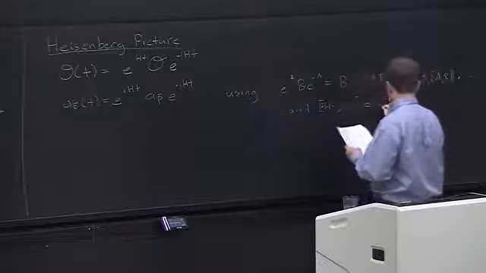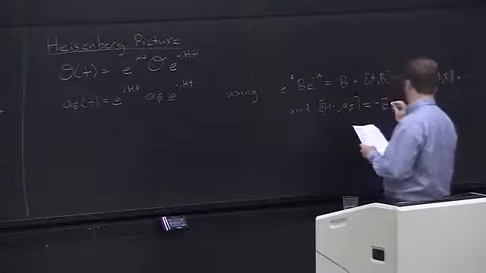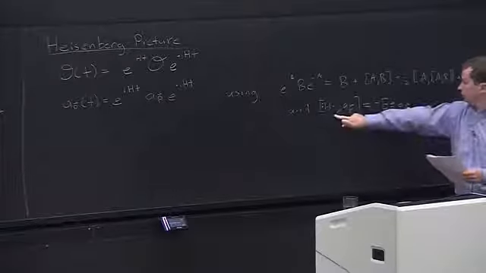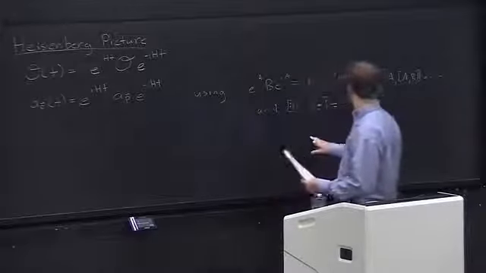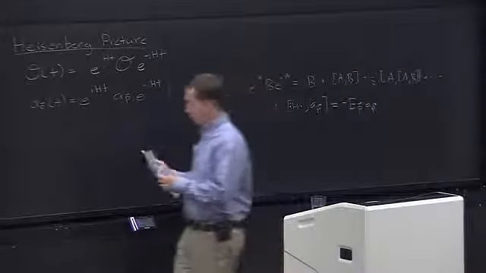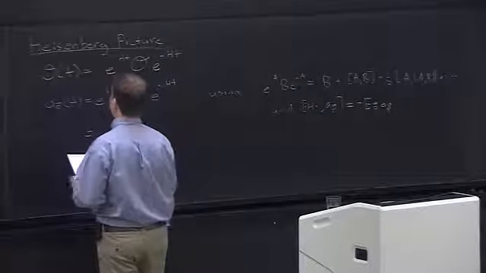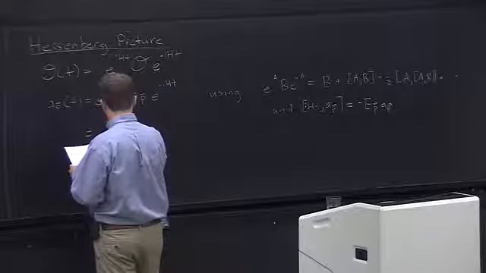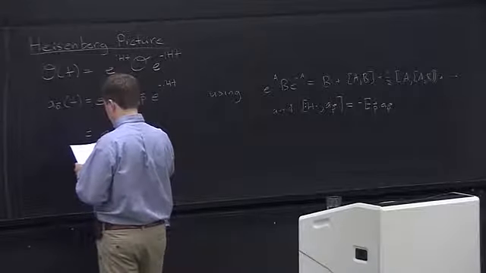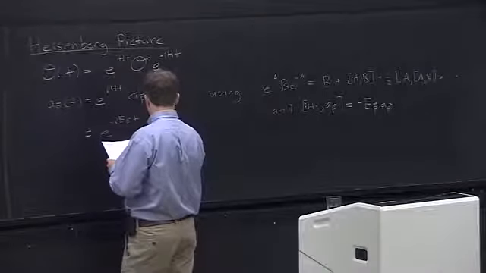And using this commutation relation between the Hamiltonian and the annihilation operator, we can get how the Heisenberg picture annihilation operator is related to the Schrodinger picture one. We just get this factor, e^(-iE_p t) a_p.